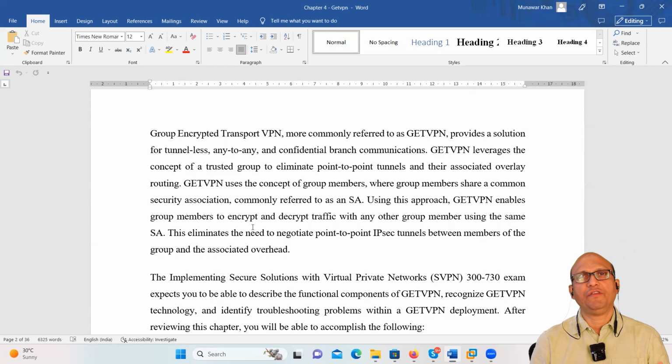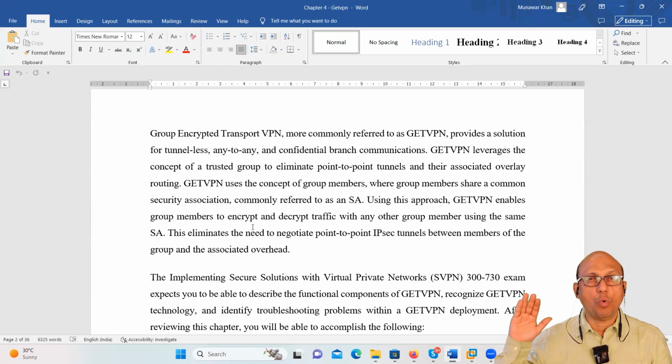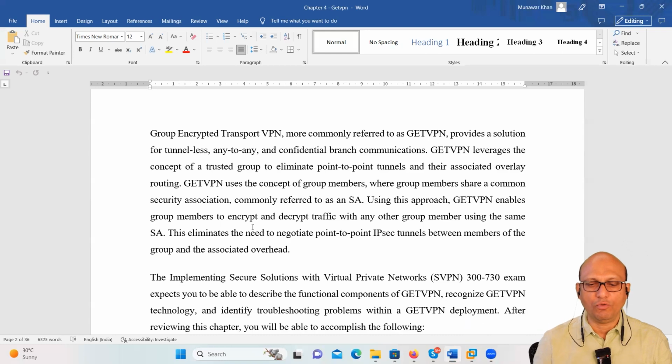Now, what is the difference between all those VPNs and GETVPN? GETVPN is a little bit different. It is the only VPN that is being used in MPLS network or some private network.